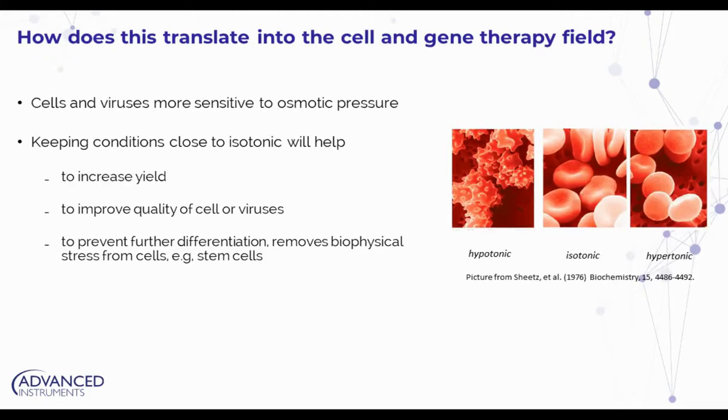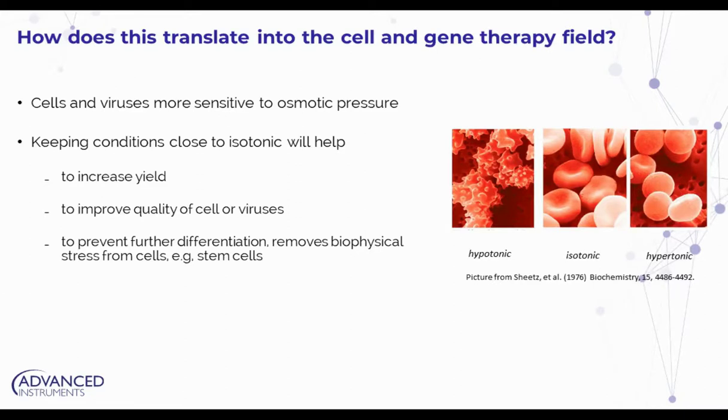So now we have to ask ourselves, how could this also be translated into newer areas in bioprocessing, in cell and gene therapy? Because it is well known in the field of formulation that the osmotic pressure has a high influence on the viability of the cells. On the right-hand side, you see this prime example, the red blood cells.